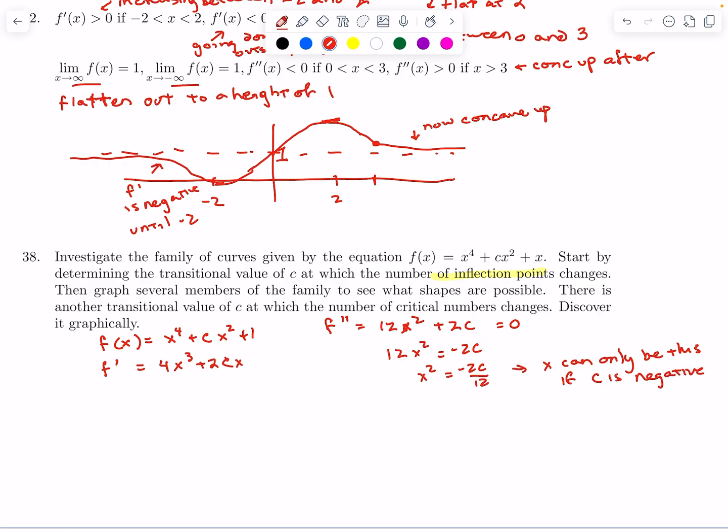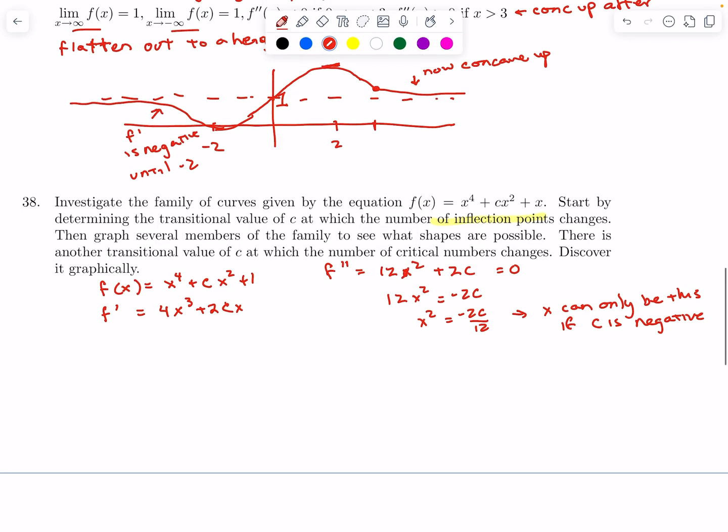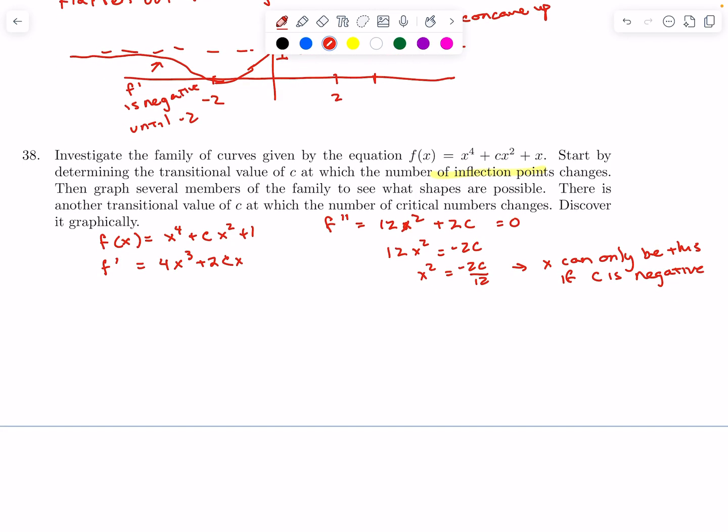Since it's x squared, you can't really do an inflection point if c is positive. So if c is negative, there are inflection points.